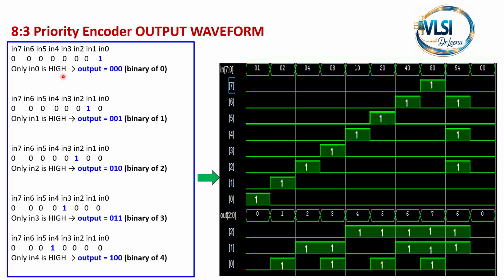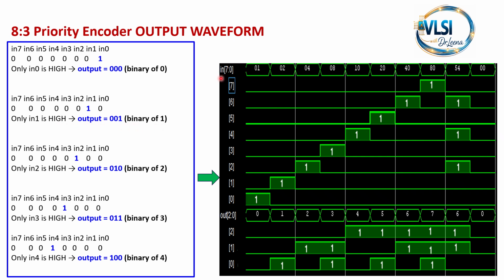When IN0 is high, the output is 000, the binary of 0. So look here, when IN0 is active, that is 1, the output is 000. And then when IN1 is high, the output is 001, that is binary of 1.